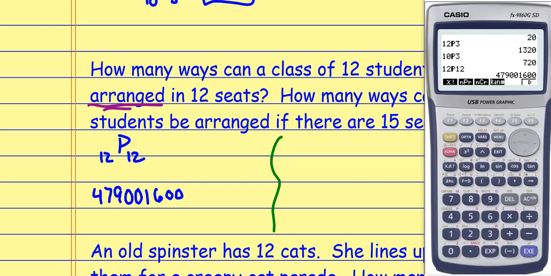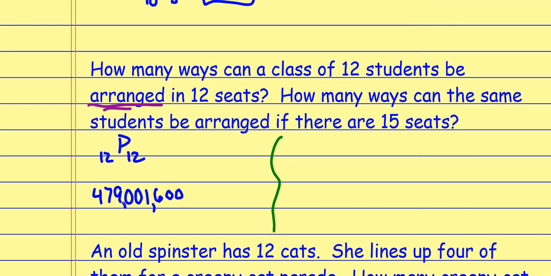Let me pull it back up. Yep. And that's a lot of seating arrangements. So think about that. If I have 12 desks in my room and 12 students, there are 479,001,600 different seating charts that I could make.